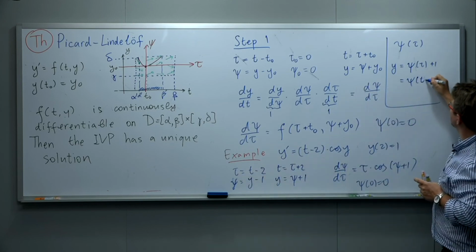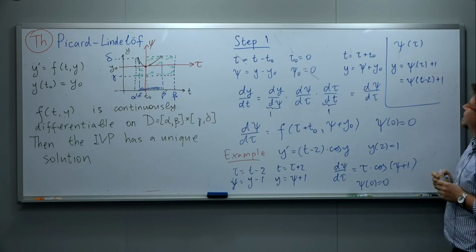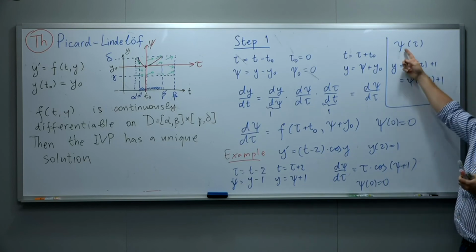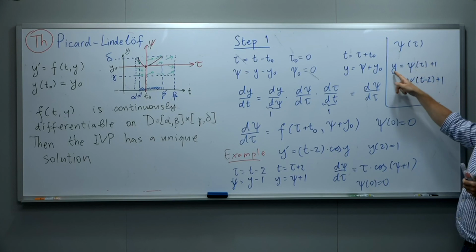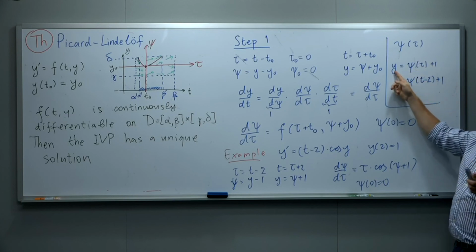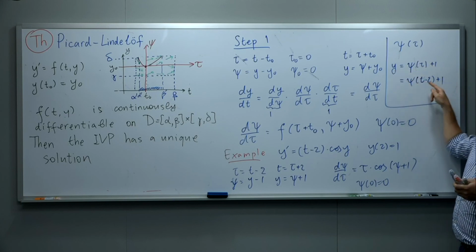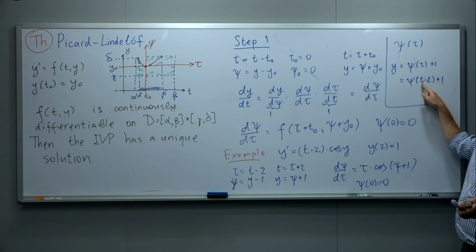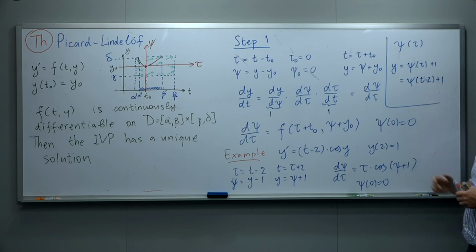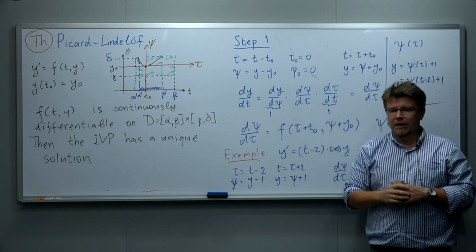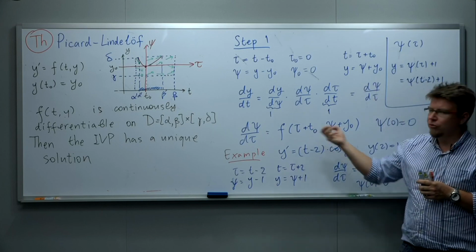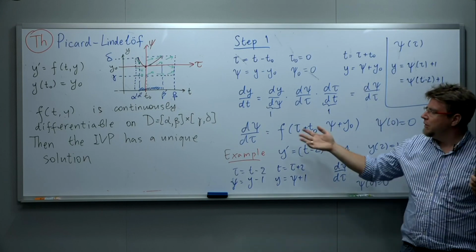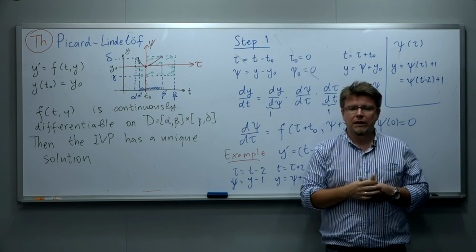So it's t minus 2 plus 1. Right? So which means that hypothetically, if we solve the initial value problem for psi, it's going to be some function of tau. Then to get the solution for y, we're going to let tau be t minus 2, and then we do plus 1 to the whole thing, and that's going to be the answer for y. And of course vice versa, so we can change one to the other, and back. These two initial value problems are just equivalent.